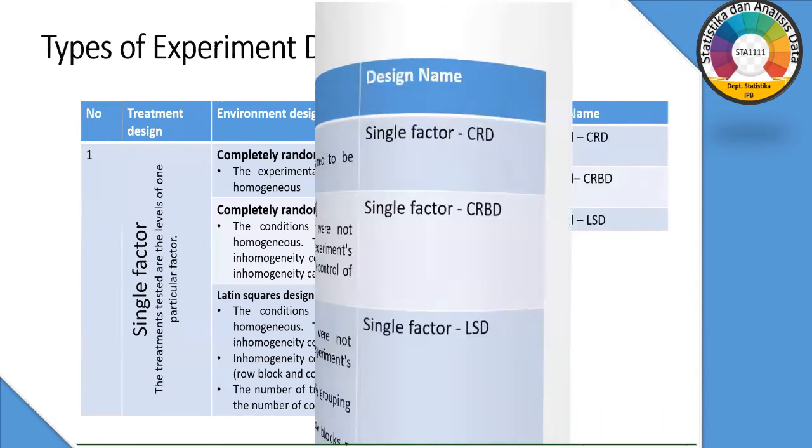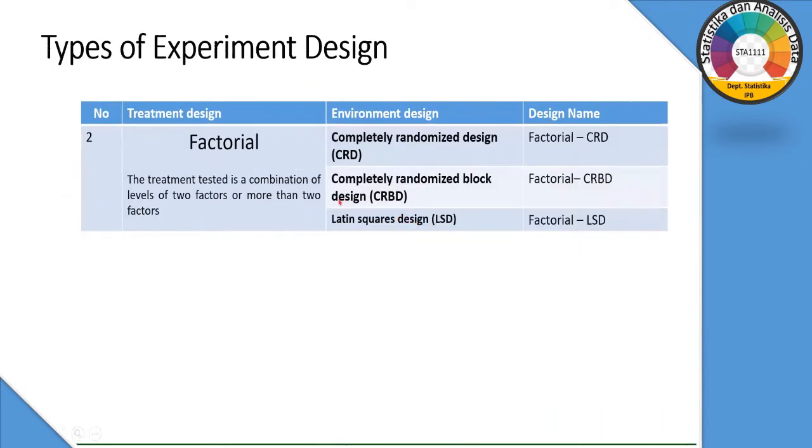Meanwhile, if you conduct a more than one factor experiment, that later on we call factorial design, it is an experiment involving more than one factor. Let's say the treatment design is factorial. How many factors do you use?